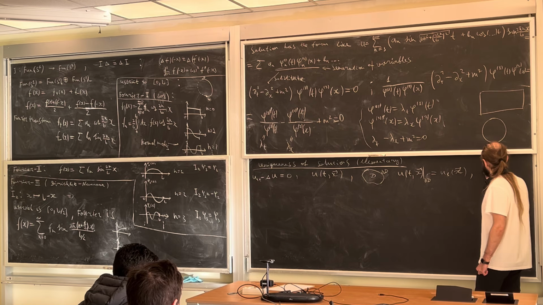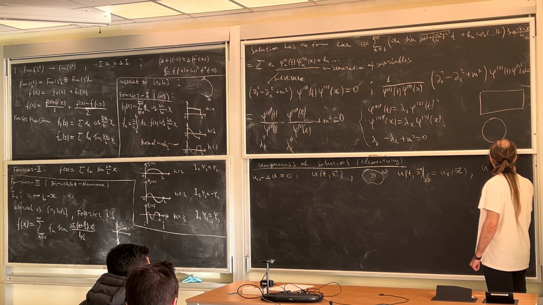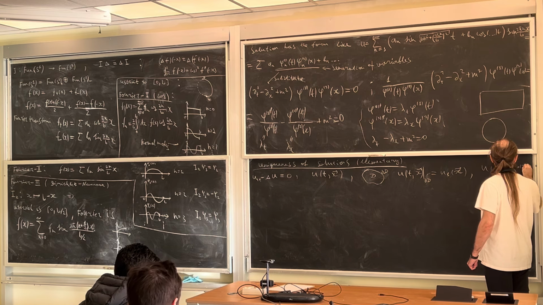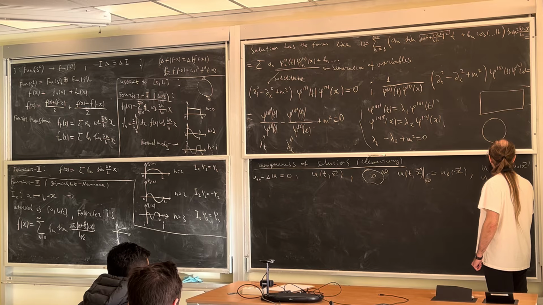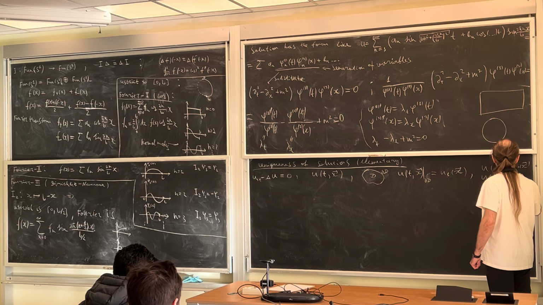And there are two initial conditions. u of 0 and x equals u0 of x. u_t of 0 and x equals u1 of x.